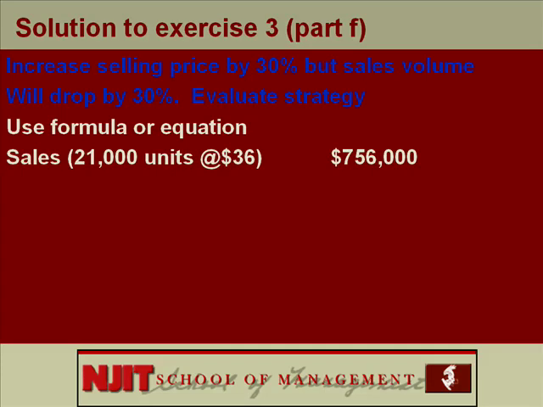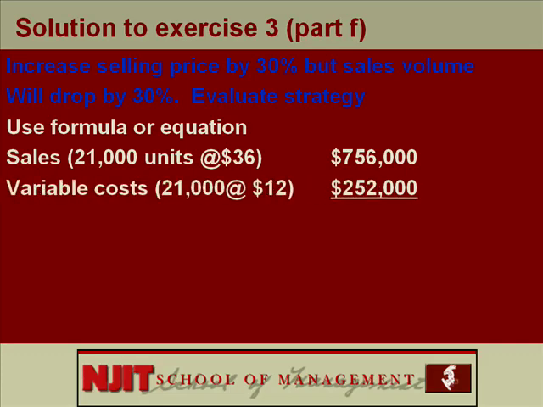Originally the selling price was $30. If you increase by 20%, it's $6, so the new selling price is $36. So the sales is 21,000 at 36, which is $756,000. Variable costs don't change. So 21,000 at $12, which is $252,000.